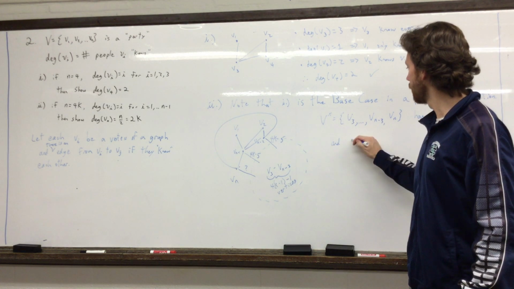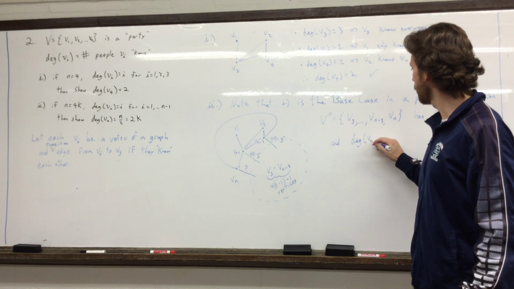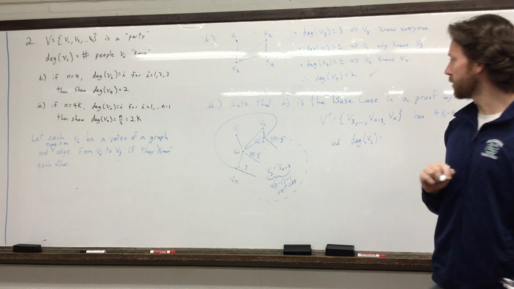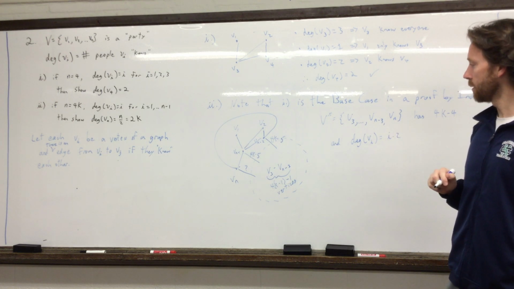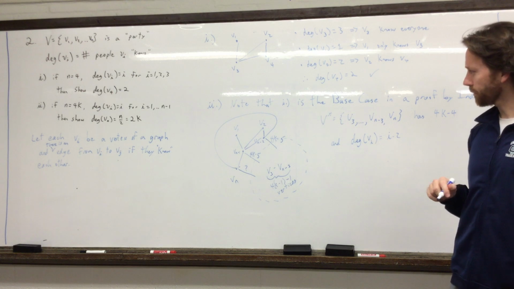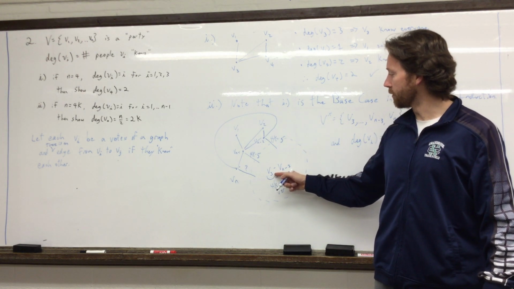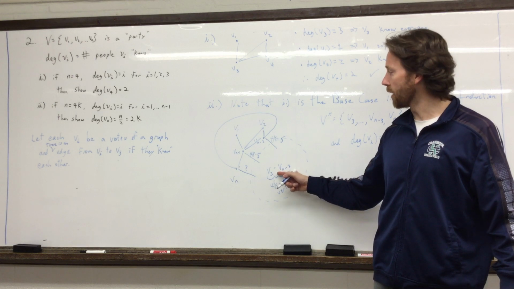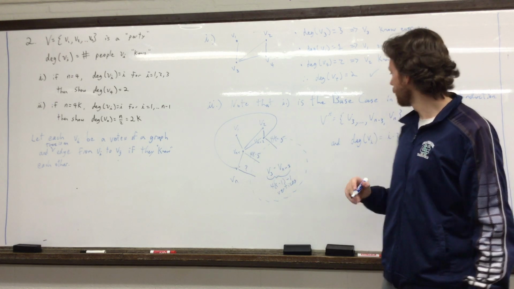Let me write it this way. Degree of Vi is going to equal i minus 2. And the reason is that originally every Vi had i friends, but 2 of them were to Vn-1 and Vn-2.